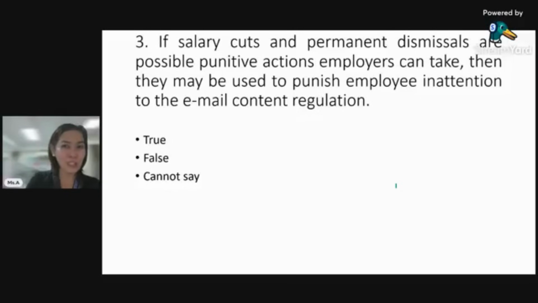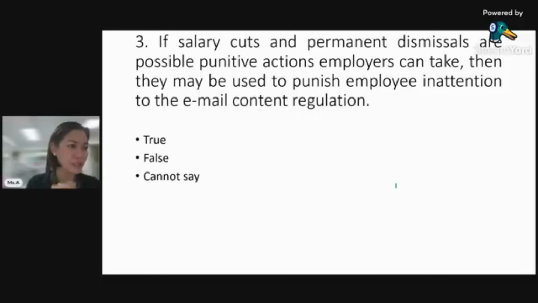Pwede daw pong mabawasan yung sweldo, tsaka permanent dismissal daw po. Ito daw po yung mga punitive actions na pwedeng gawin ng employer sa'yo kasi nga, tanga-tanga ka nga. The joke po, hindi ka po naging maingat. Okay, then, they may be used to punish employee inattention to the email content regulation.